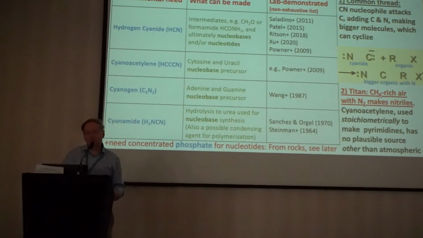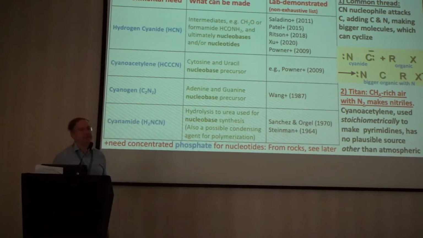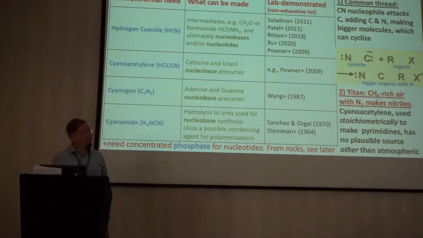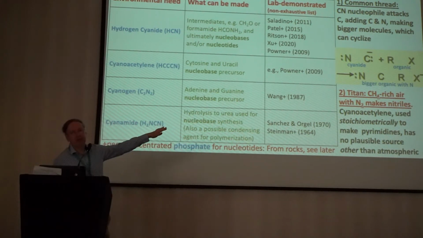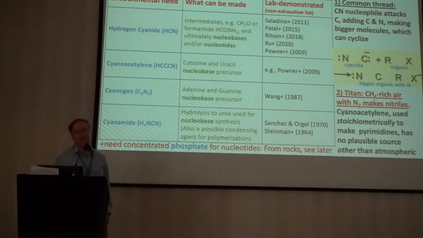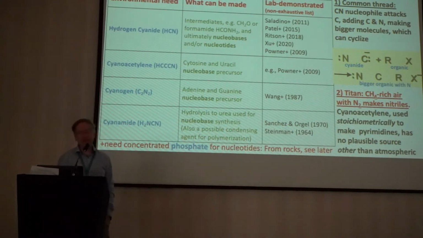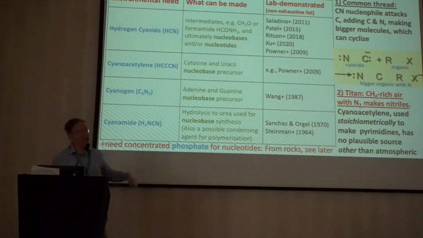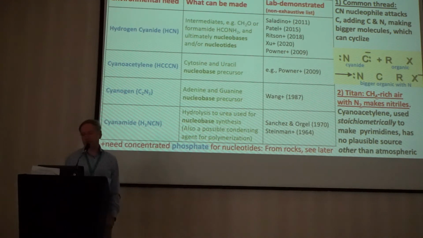But where on earth would these cyanides, these nitriles, come from? Well, in planetary science, we know on Titan, the largest moon of Saturn, that the air there, which is mostly nitrogen but minor methane, makes nitriles just naturally from the photochemistry.